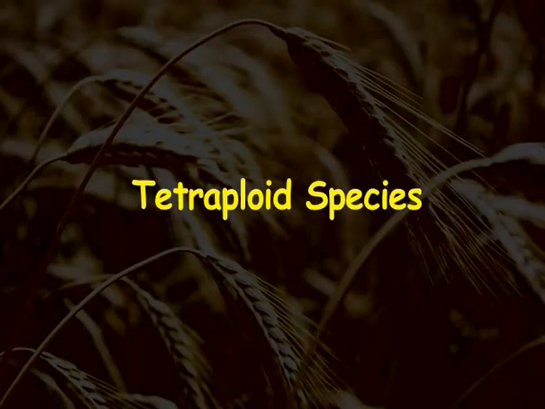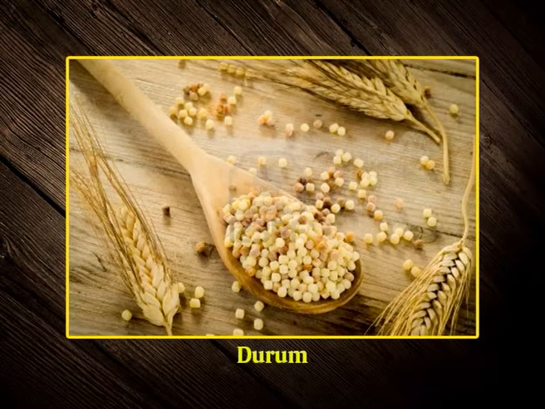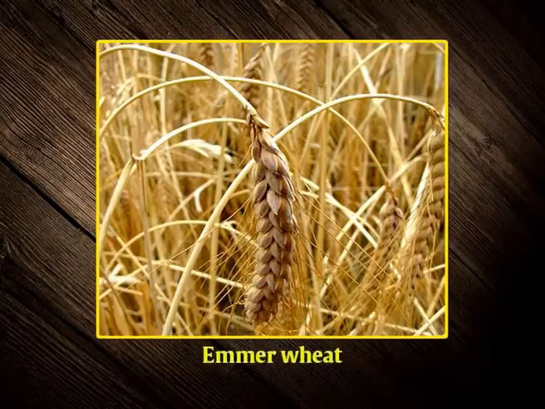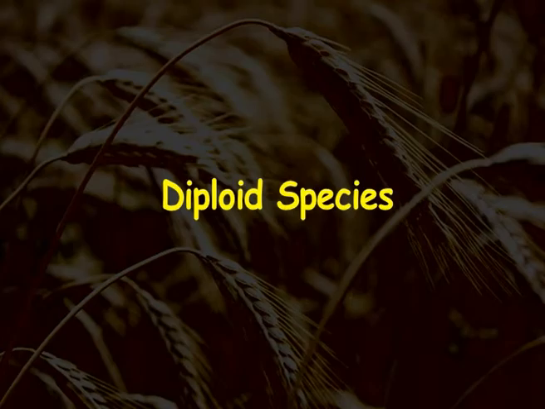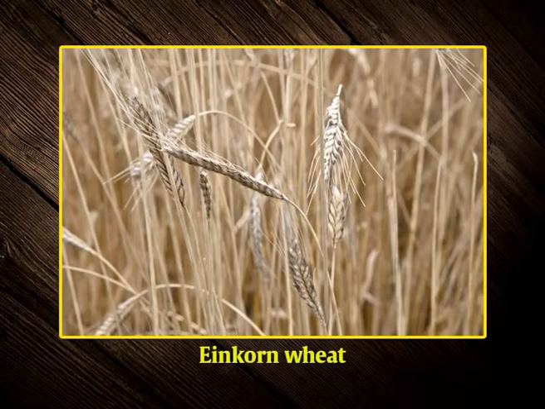Tetraploid species: durum wheat is the only tetraploid form of wheat widely used today, and the second most widely cultivated wheat. Emmer wheat is a tetraploid species cultivated in ancient times but no longer in widespread use. Diploid species: einkorn wheat is a diploid species with wild and cultivated variants.